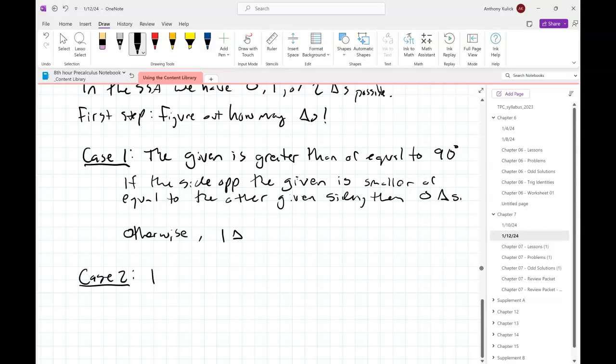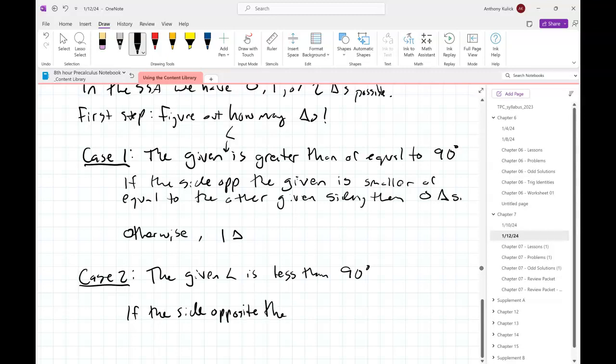Case 2. So the given angle is less than 90 degrees. Check that.